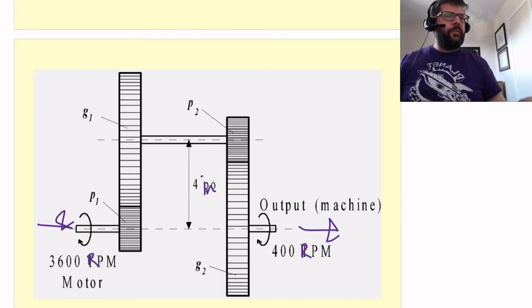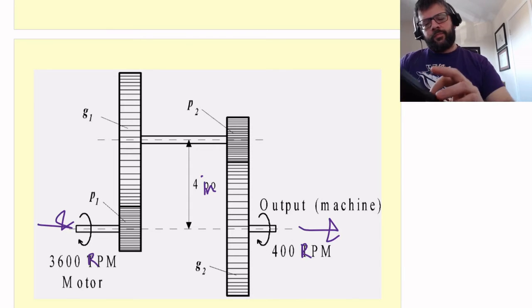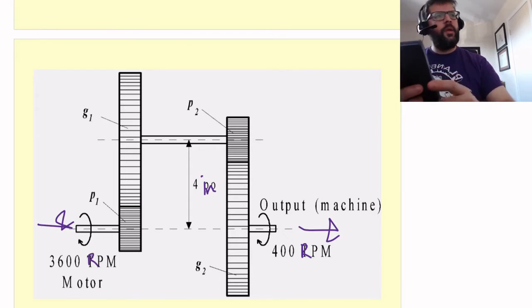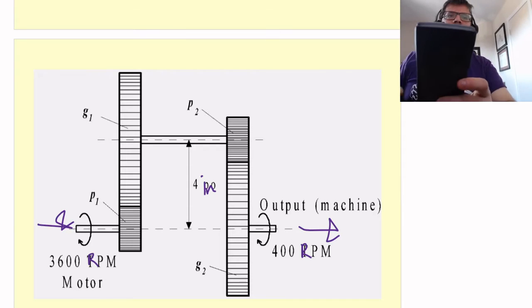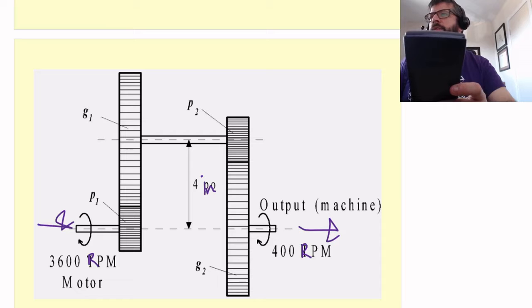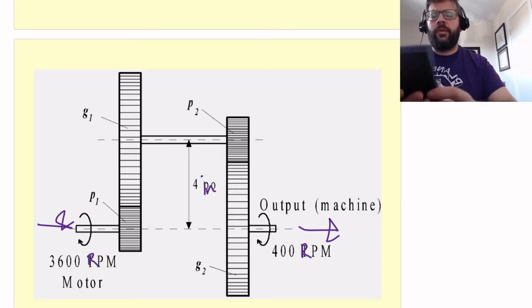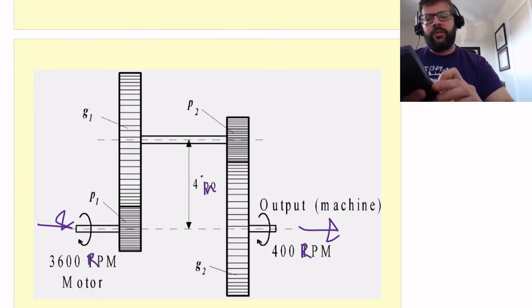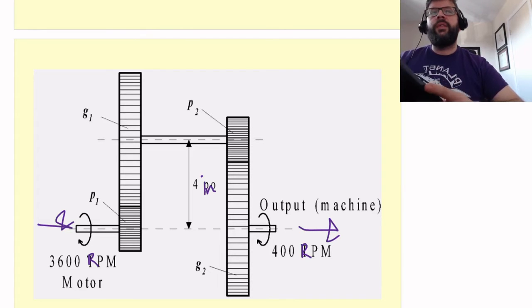So again, first off, in this case we want the input shaft and the output shaft to be coincident with one another, concentric with one another, so that'll also come into play. We don't necessarily always need to have that be the case, but in that case it'll be an additional constraint.